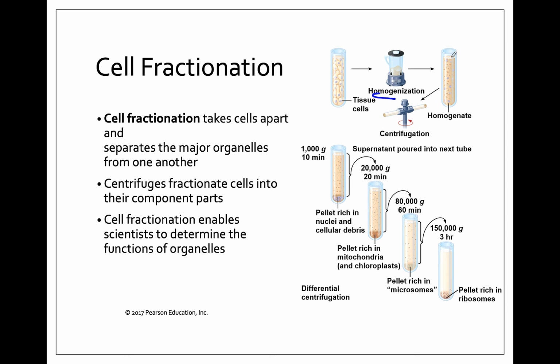And what that does is it breaks apart all of the cells and lets all of the components come together. The centrifuge will spin very fast. It's going to send the most dense and heaviest materials to the ends, and then the small materials will be in what's called the supernatant. So this pellet at the bottom, after it's centrifuged, is going to be full of really large cell debris, the really large nuclei, and the less dense material will be floating up here.